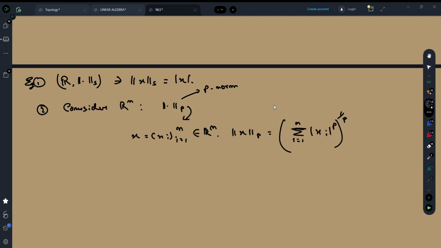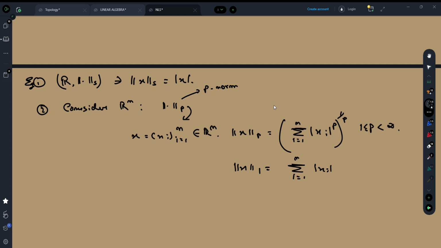Here p can vary starting from 1, so p is a finite number starting from 1. It's obvious that the one norm is simply the summation over mod of xi.